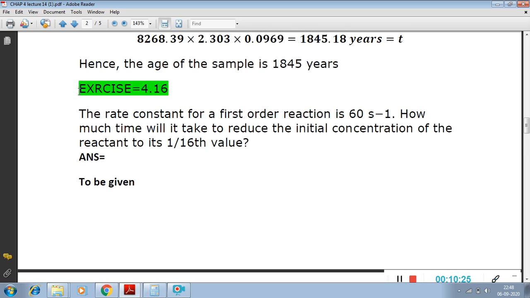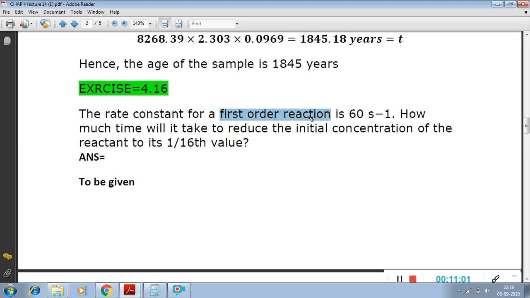Next question, question number 4.16. The question is like this: the rate constant for a first order reaction is 60 second inverse. How much time will it take to reduce the initial concentration of reactant to its 1/16th value? So for the reaction, rate constant K value is 60 second inverse, and our reaction is a first order reaction.